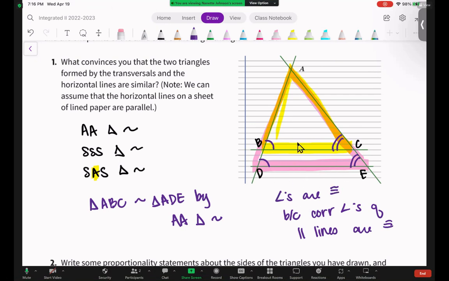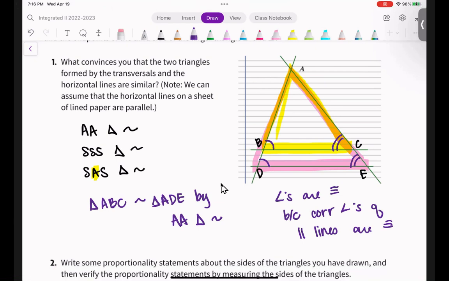I didn't assume anything. All I did is I took the two triangles. I said, hey, since these two lines are parallel, I get that these two angles are congruent, and these two angles are congruent because they're corresponding angles of parallel lines. Okay, and because I have two sets of angles congruent, then that means I have AA triangle similarity. So that means that those two triangles are similar.